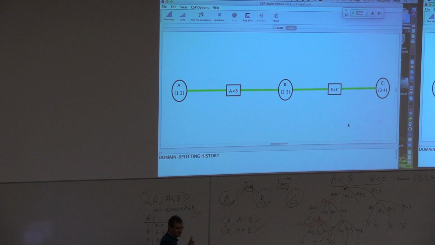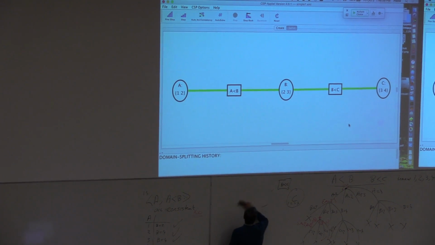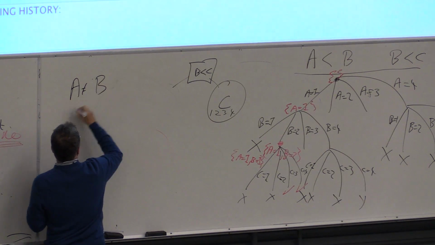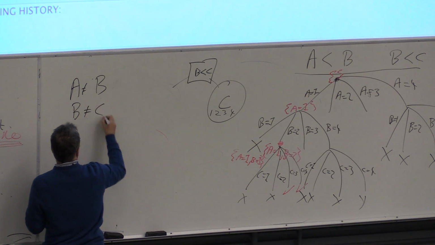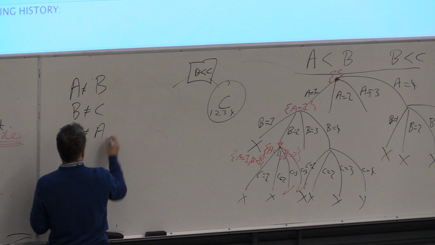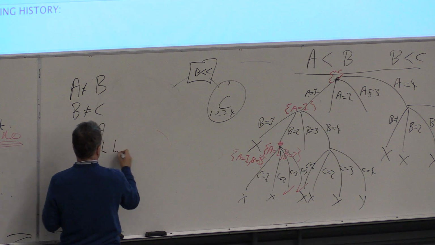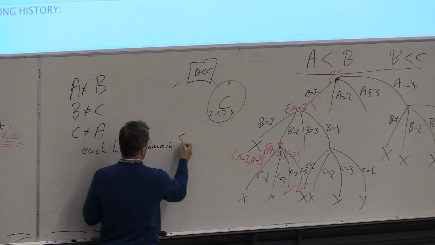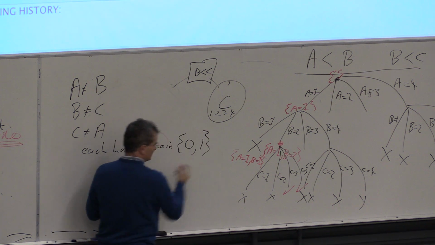All right. That's a good question. Here's an example. So if we have A is not equal to B, B is not equal to C, and C is not equal to A, and each have domain 0 and 1.